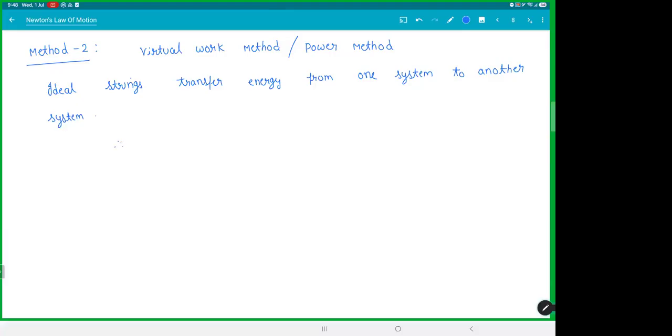Therefore, the total work done by the tension is zero because they don't take any energy, they simply transfer it. That's the concept behind the virtual work method.